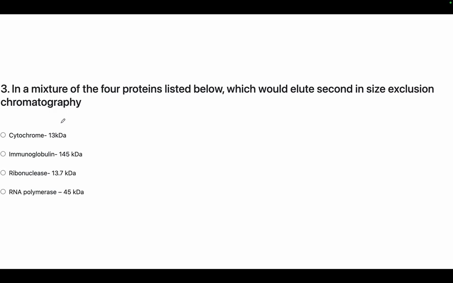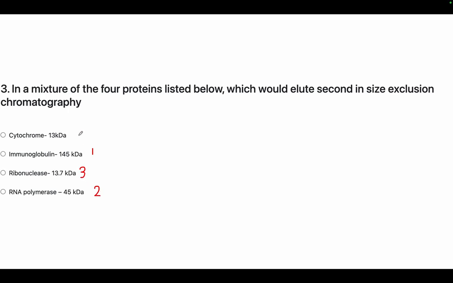Okay, we have 4 proteins with different sizes, which will elute second in SEC? So let's try to assign the elution order. Obviously, they will elute in decreasing order of molecular weight. So starting from the biggest, this will be the first, 145 kilodalton. RNA polymerase will be the second.